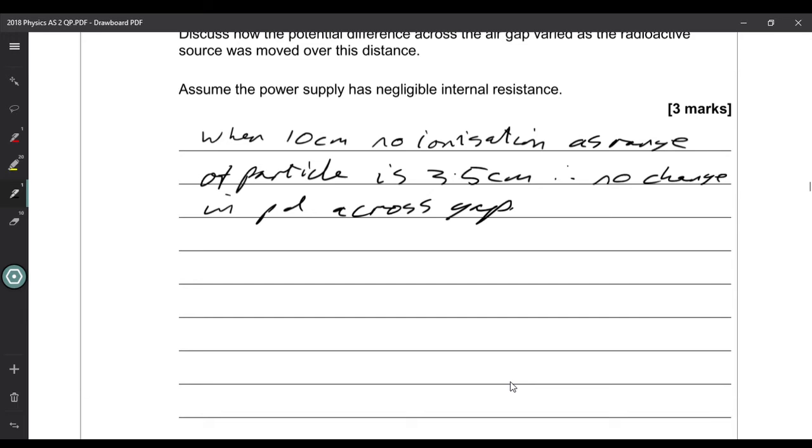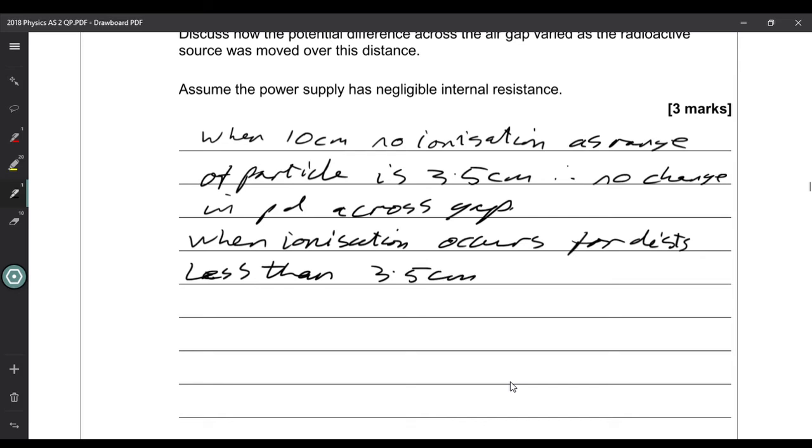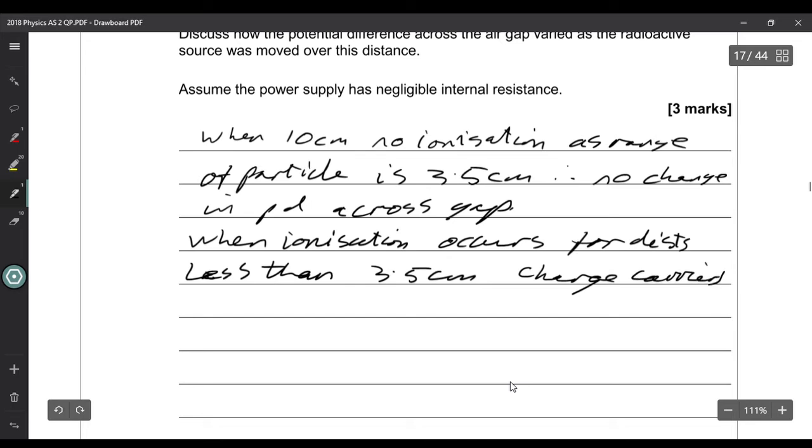Okay, so when ionization does occur in the gap for distances less than 3.5 centimeters, that's when we get charge carriers liberated in the air gap.